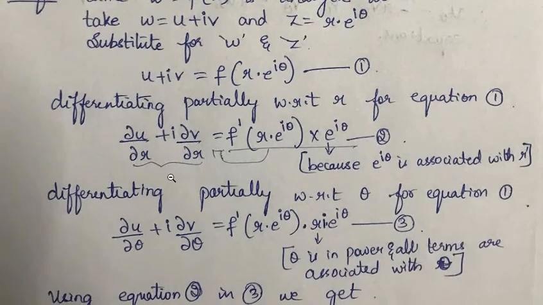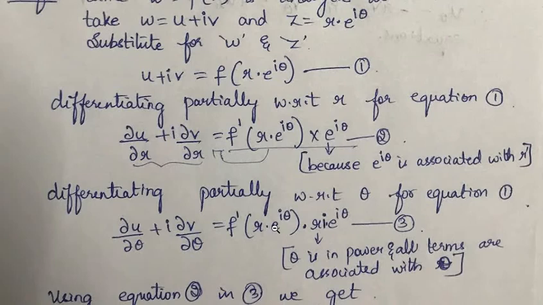With respect to theta, ∂u/∂θ + i ∂v/∂θ is equal to f becomes f' of r e^(iθ). Now see carefully, as we are doing it with respect to theta, theta is in the power, so whatever is associated with theta, we have to differentiate again.